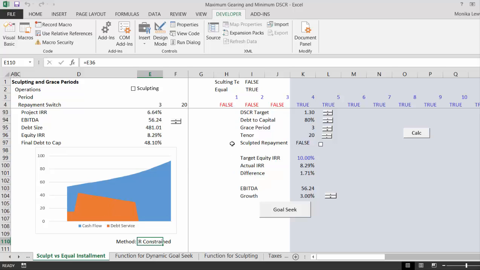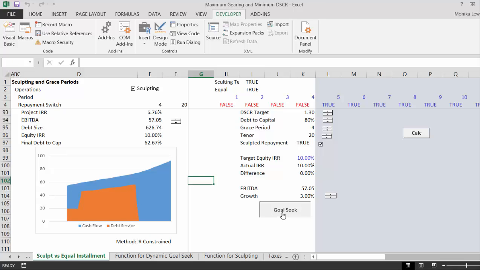So if we have a grace period of this, our sculpting gives us this equity IRR. Let's say this is 10%, we switch it off sculpting, we get down to 8%. This 57, if we press goal seek, has to be 62.